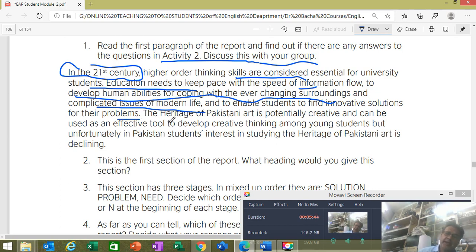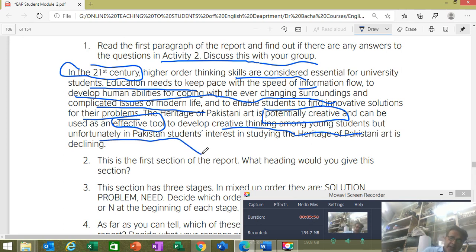The heritage of Pakistani art is potentially strongly creative, and can be used as an effective tool to develop creative thinking among young students. But unfortunately, Pakistani students' interest in studying heritage in art is declining.